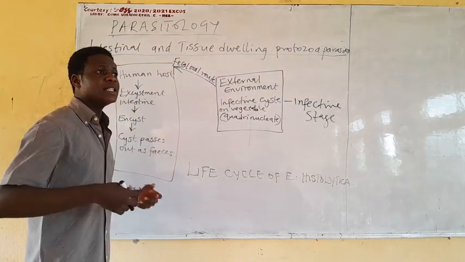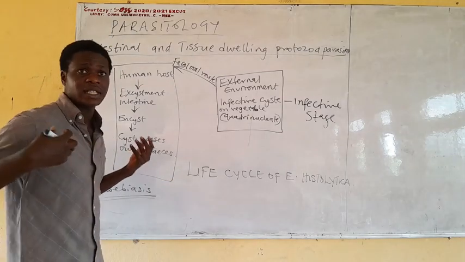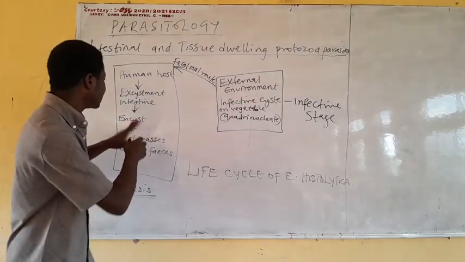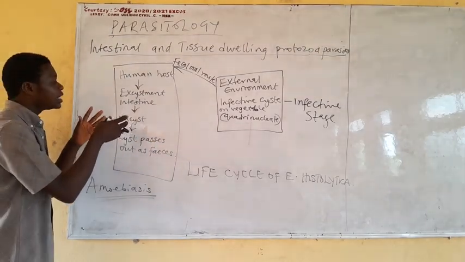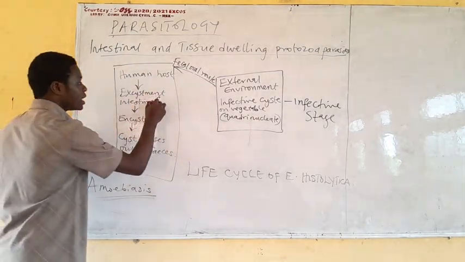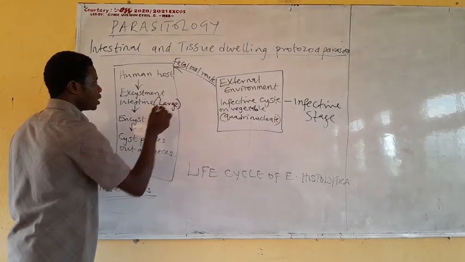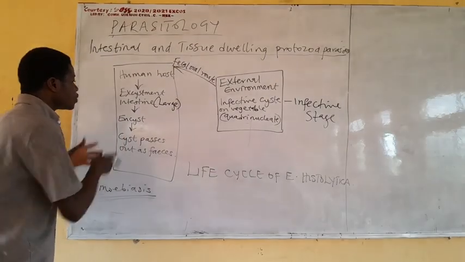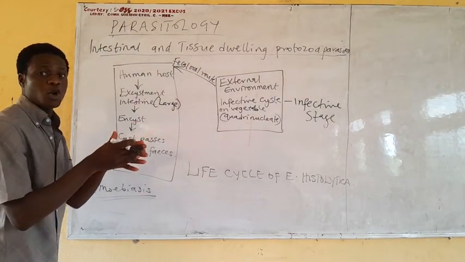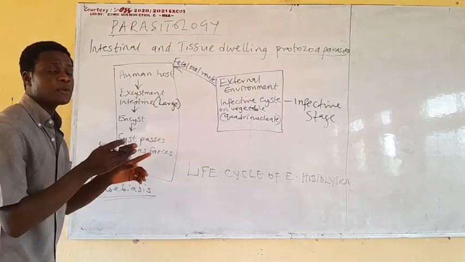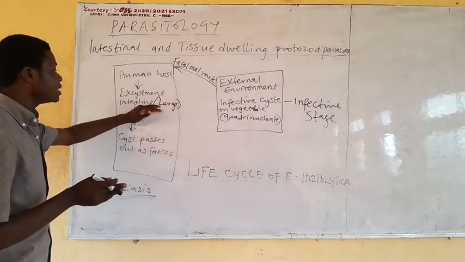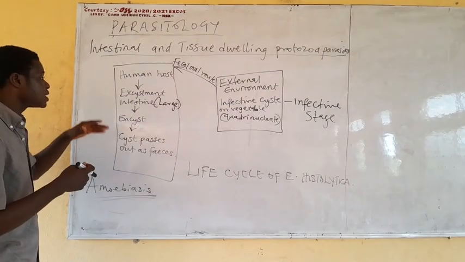When I say excyst, I mean it removes its shell, in the large intestine. Remember that excystment is different from encystment. So in the large intestine, it excysts its shell, which is the cyst.